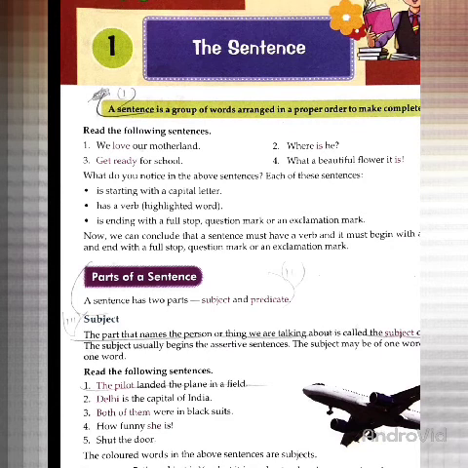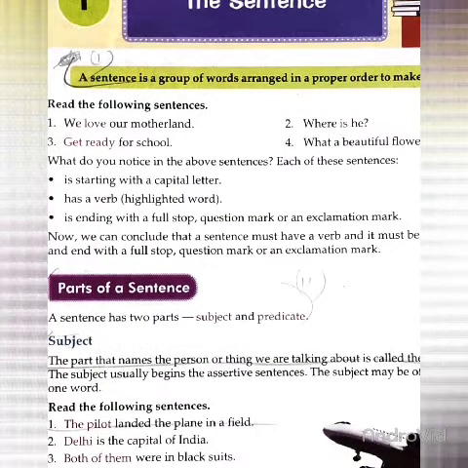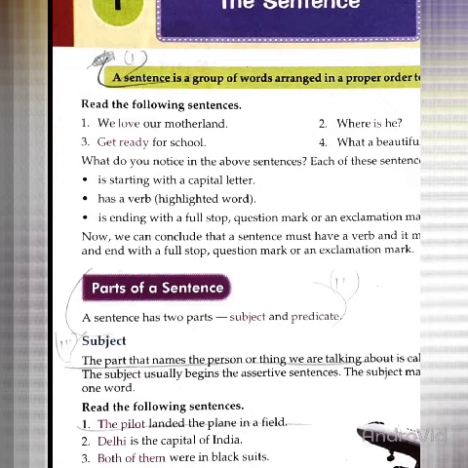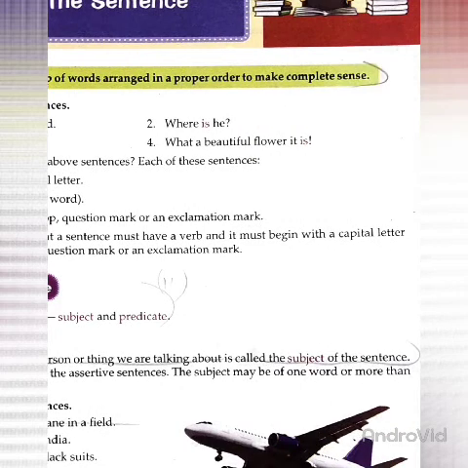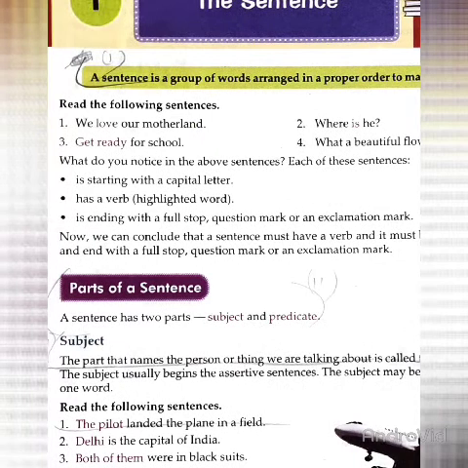That becomes the subject. The subject usually begins with the assertive sentences. The subject may be of one or more than one word. सब्जेक्ट हो सकता है आई, यू, हिम, एनीथिंग, लिविंग, नॉन लिविंग, एनीथिंग. It can be an object also, a ball, a table, anything.